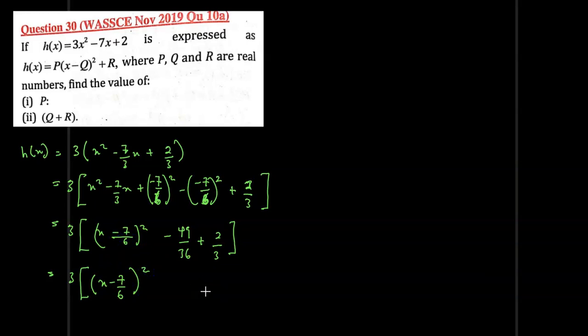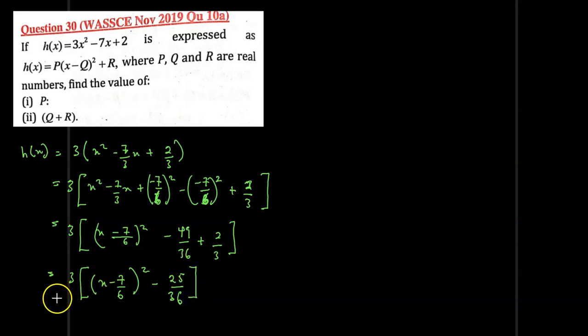Now using the calculator to get it done, negative 49 on 36 plus 2 on 3 gives us an answer of negative 25 on 36. So it gives us minus 25 on 36.